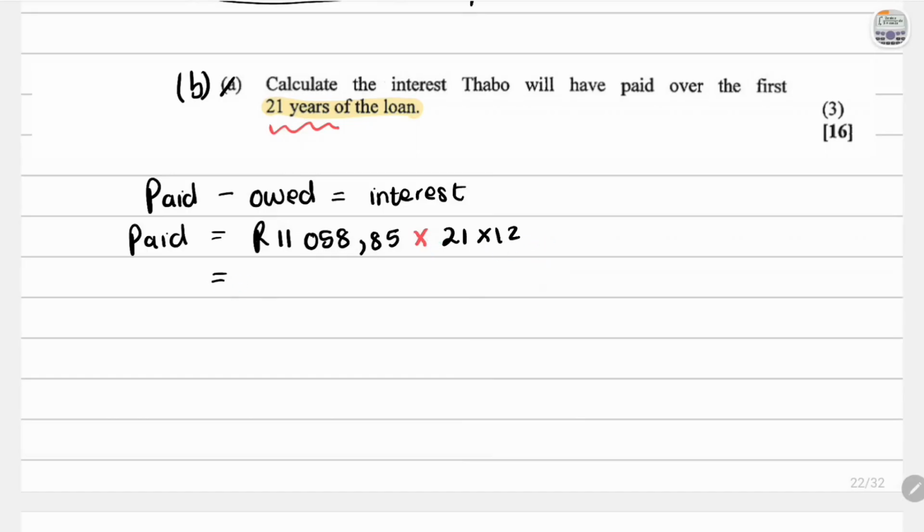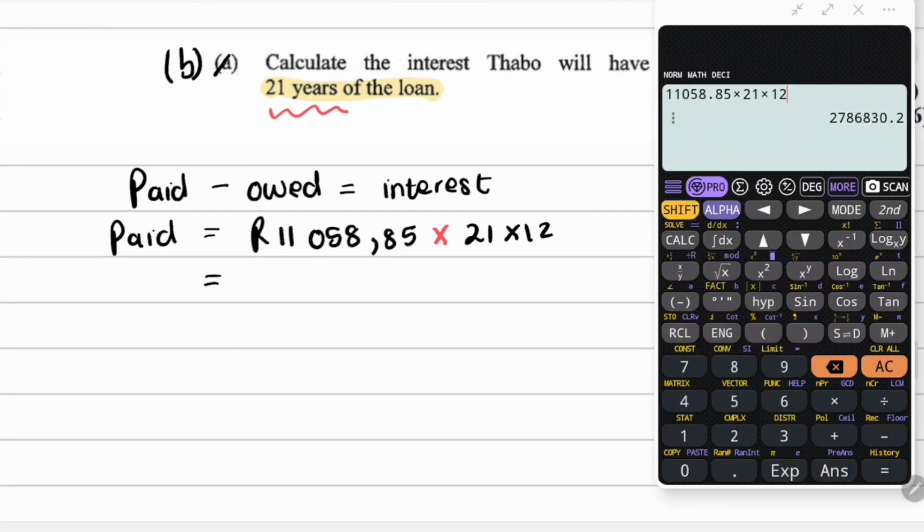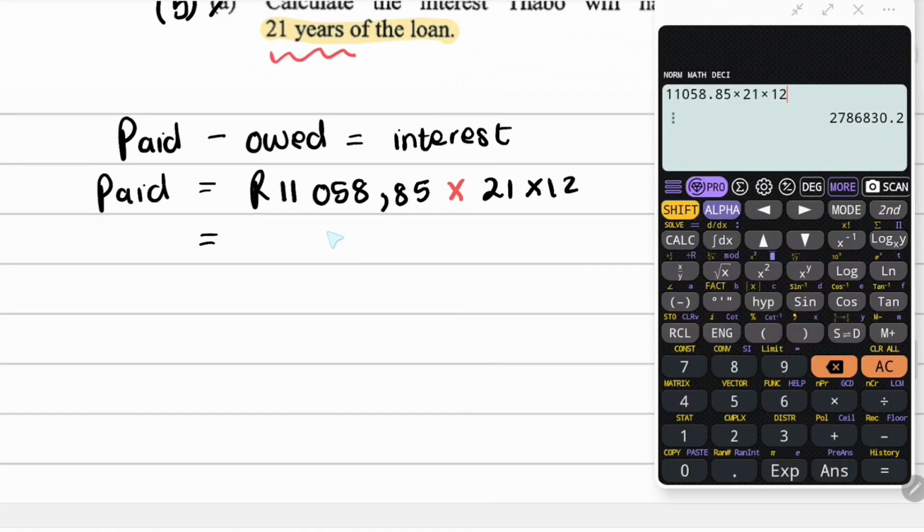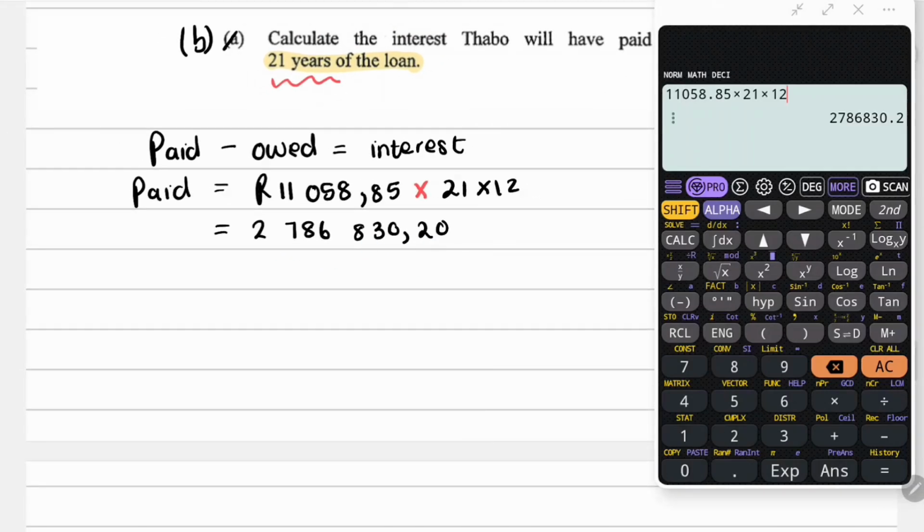That would tell us how much he paid in those 21 years. So how much he would have paid would be 2,786,830 and that would just be 20 cents. So this is how much he would pay in those 21 years. But the amount that he actually owes is going to come from this. This is how we can find that.